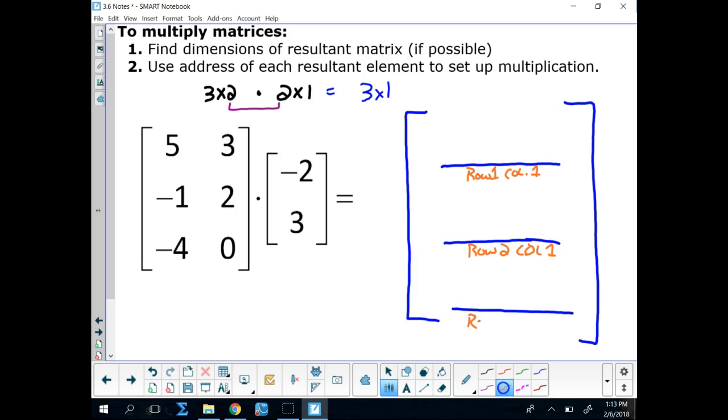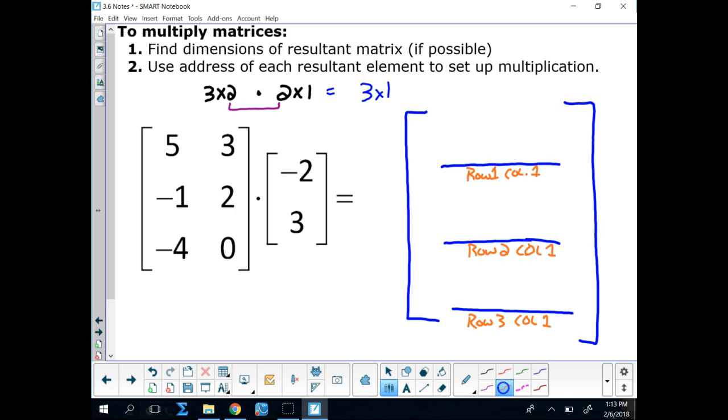Address down here is row 3, column 1. Right?